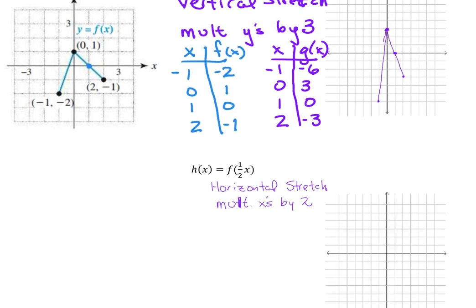So we're going to start with the original table that we came up with on the last one. We're still going to use -1, 0, 1, and 2. We still have -2, 1, 0, -1.